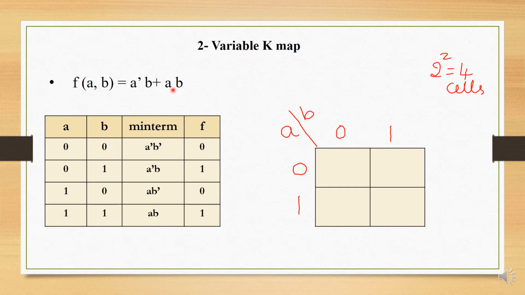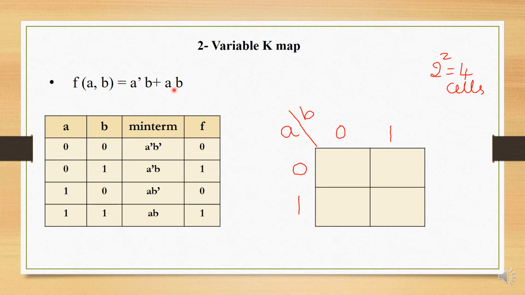As this is a minterm canonical form, we have already seen how to represent this expression in the truth table. For each of the product terms, we have to place logic 1. Therefore, the minterm A bar B will be high for the combination A equal to 0 and B equal to 1. Therefore, we place logic 1 here.